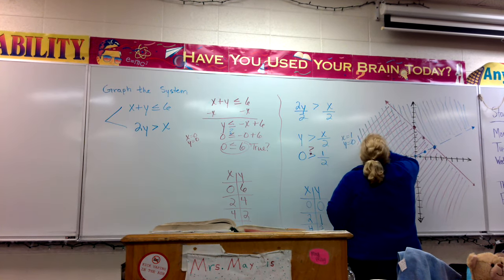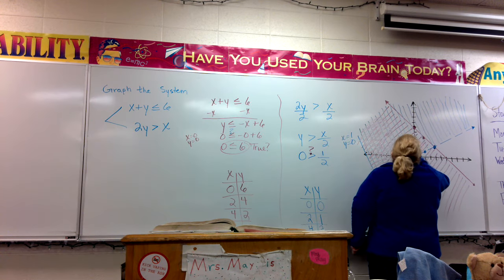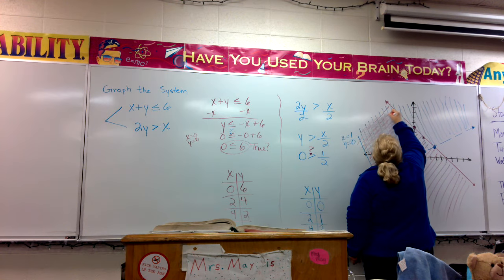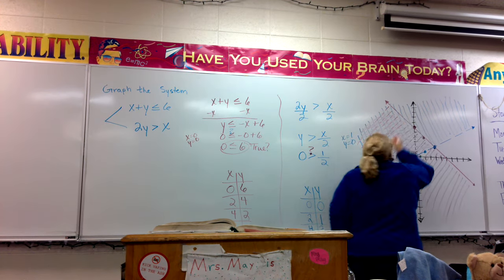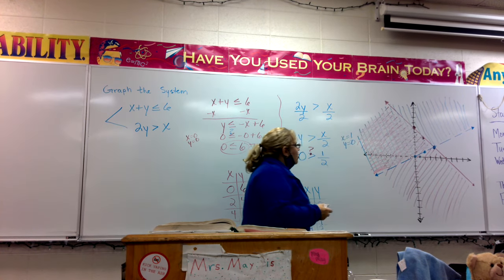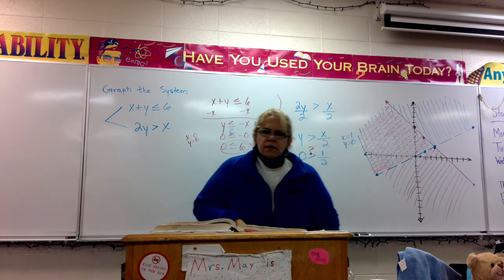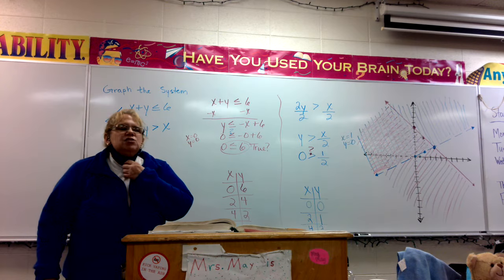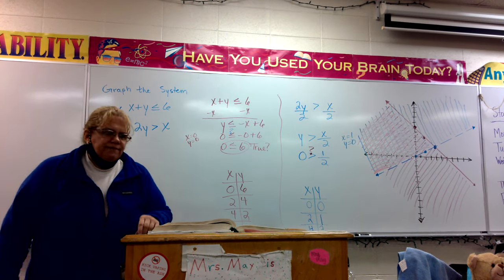Because that means any points that you choose from this area, they will solve both of those inequalities. Oh, isn't that pretty? It's almost like art class. So, make sense? It's really just like doing 2 of yesterday on the same graph.